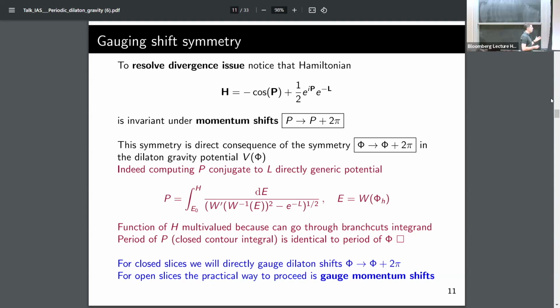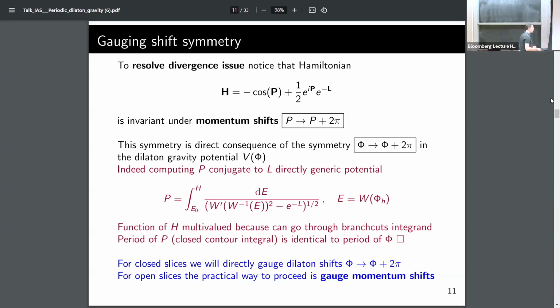For any potential, you can more or less show that if the potential is periodic, then the momentum will be periodic with the same period. So the Hamiltonian you get will always have the required symmetry, and I'm imagining for generic periodic dilaton gravity to gauge that symmetry. So we'll do that now.